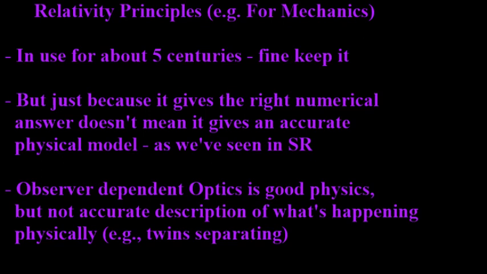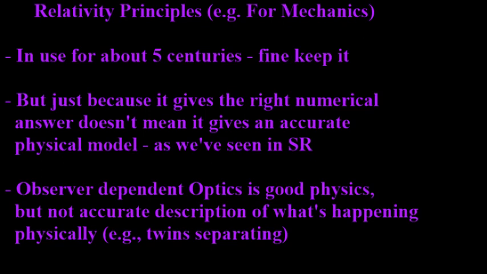For example, we have the third bullet. Observer-dependent optics is perfectly good physics, but not an accurate description of what's happening physically. Let's think of the example where we have two identical twins and they separate from each other. Each twin will observe the other twin as shrinking in size, but there's no physical shrinking in size.